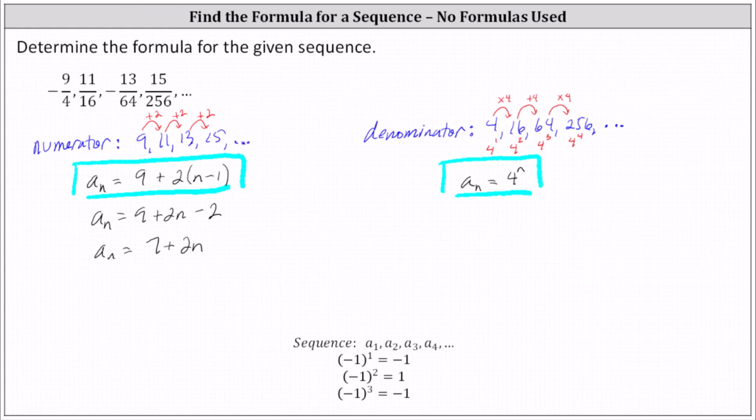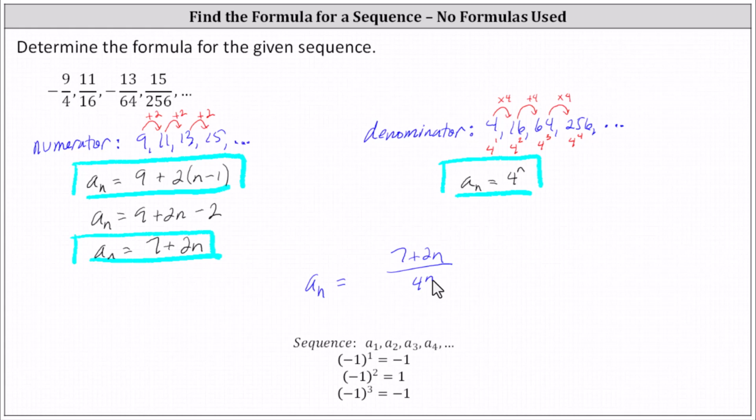We can also express the formula for the numerator in this form. And now let's begin to build the formula for the original sequence. We know a sub n will have 7 plus 2n in the numerator, and the denominator will be 4 to the power of n.